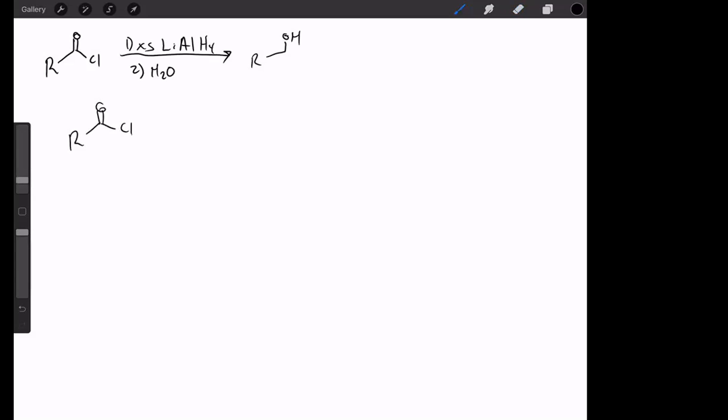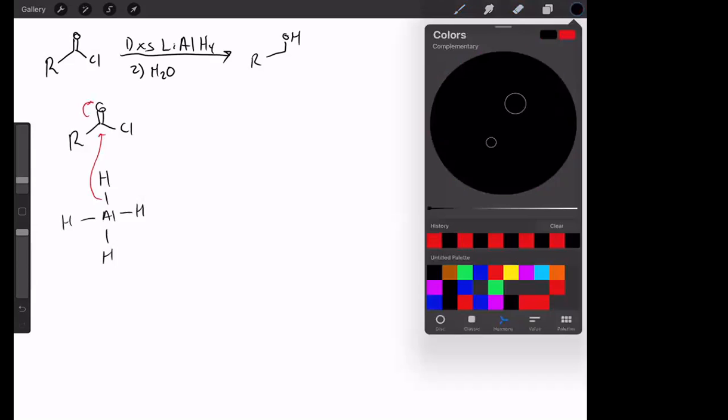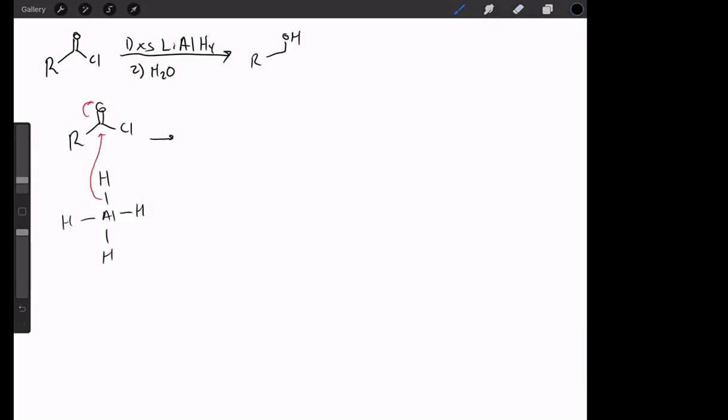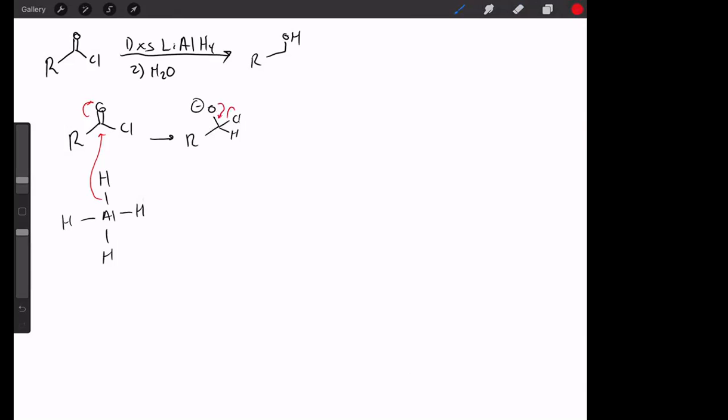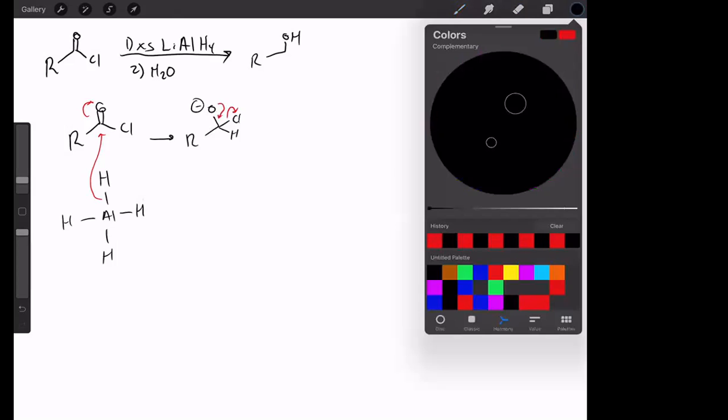I think we know the mechanism of lithium aluminum hydride. And I think we even know how that applies to carboxylic acids. The exact same mechanism comes into play as it applies to carboxylic acid derivatives. But I want to just show it here again, just to remind folks.